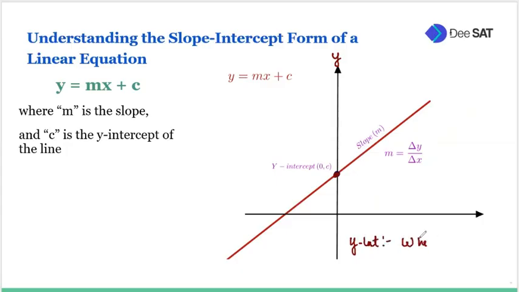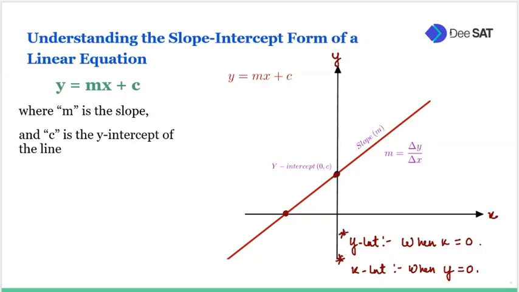When I say what is y-intercept, it is when x is 0. Similarly, x-intercept is a point where the line crosses the x-axis, or we can say the x-intercept is when y is 0. So from an SAT math perspective, mostly you need to remember these 2 points: y-intercept is when x equals 0 and x-intercept is when y equals 0.